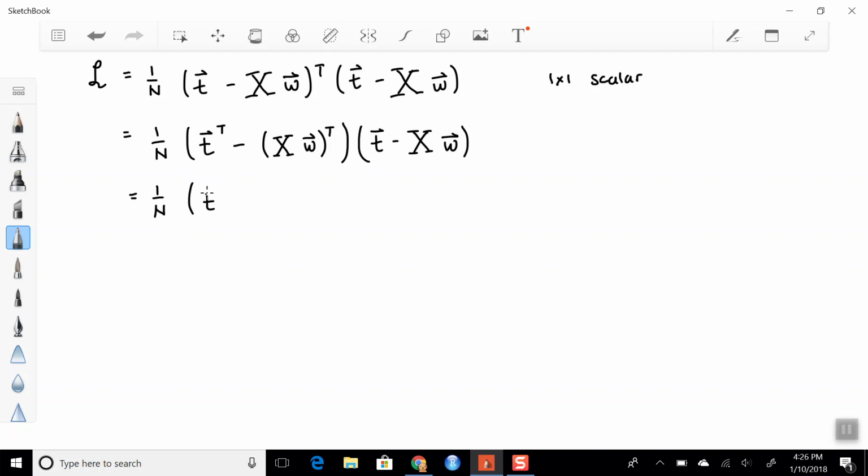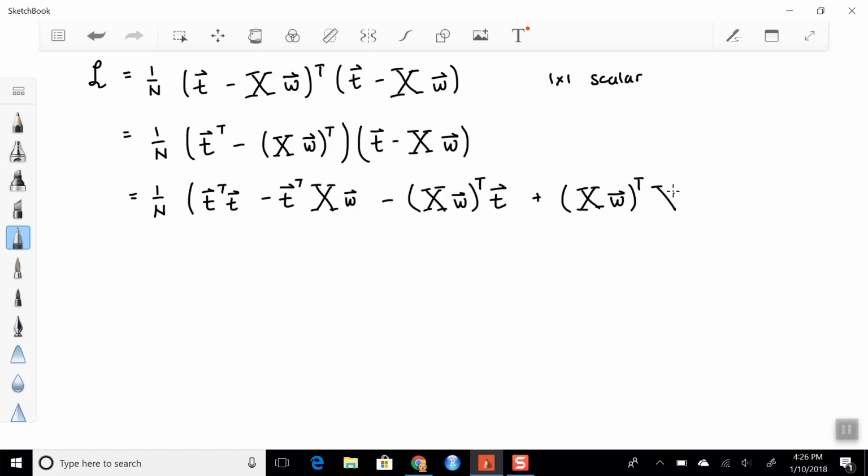All right, so we got t transpose t, right? Foil it, first, and then you do the outer, so you get minus t transpose xw, and then inside we get minus xw transpose t, and then lastly we have xw transpose xw.